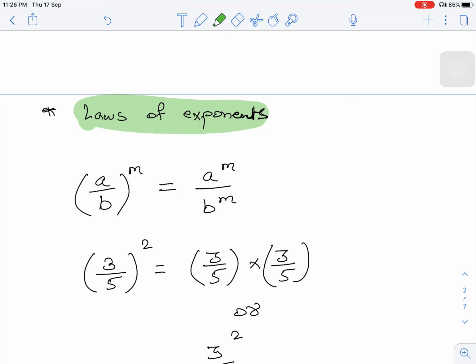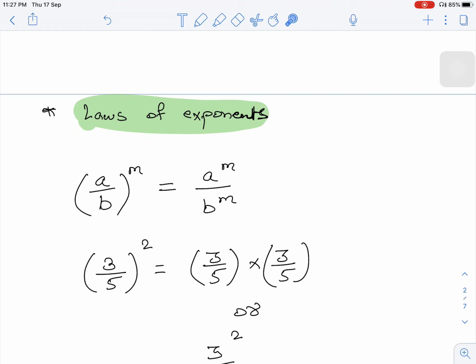Out of those laws, today we are going to revise only one law, the remaining we will see afterwards. In this rule, it is given that if a upon b is raised to any power m, then this power applies both to the numerator and to the denominator. So it can be written as a raised to m upon b raised to m.